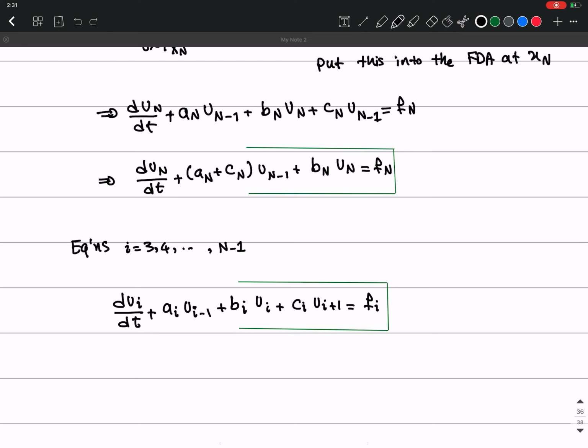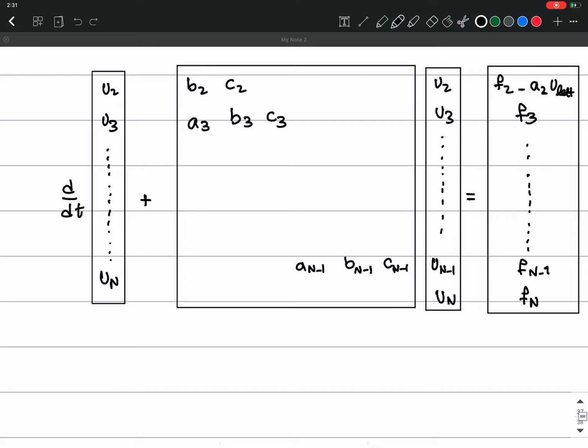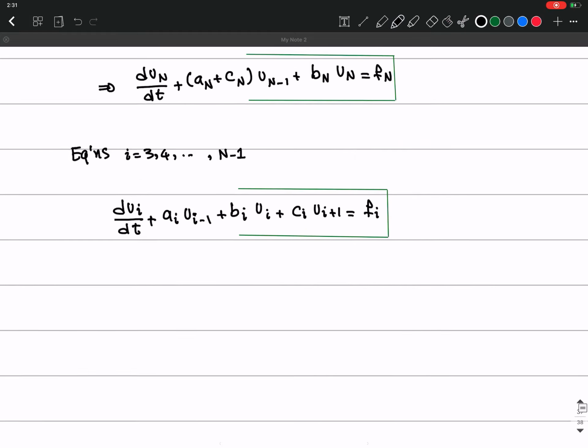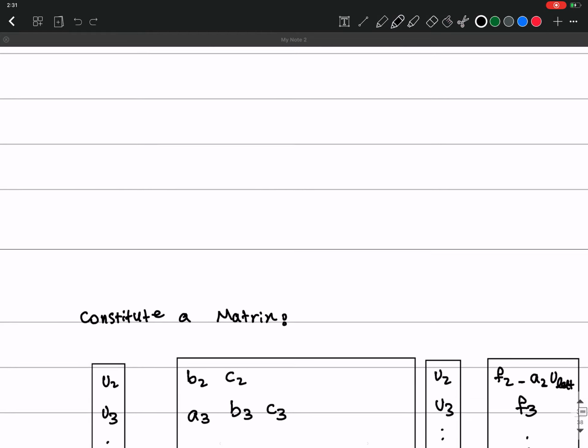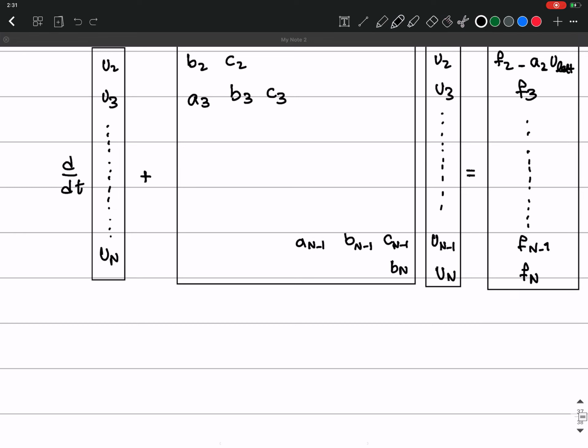The only change is we have to change the coefficient for un minus 1, and the rest are going to be the same. So we have here bn, and instead of an, I'm going to have an plus cn for un minus 1. So here I'm going to have an minus an plus cn for the last term, and this one is going to be 0.